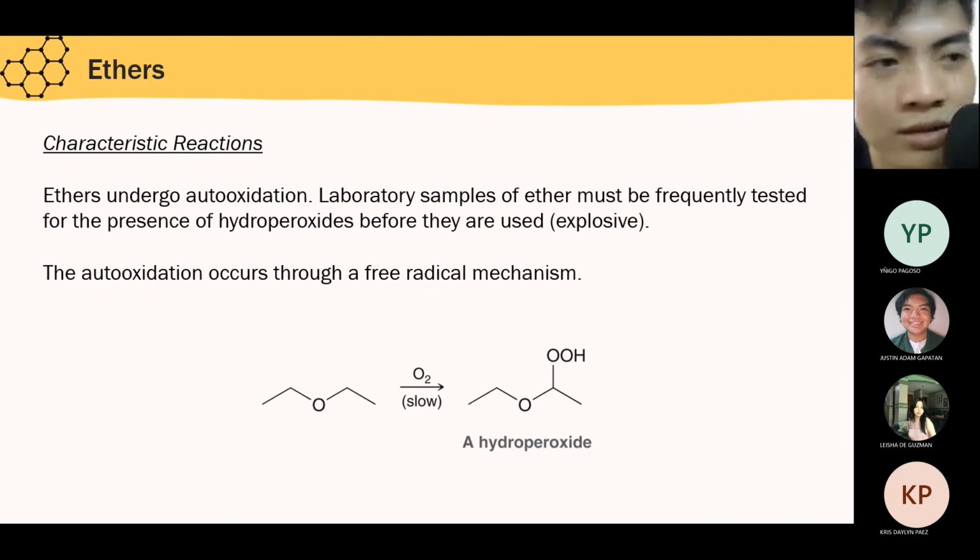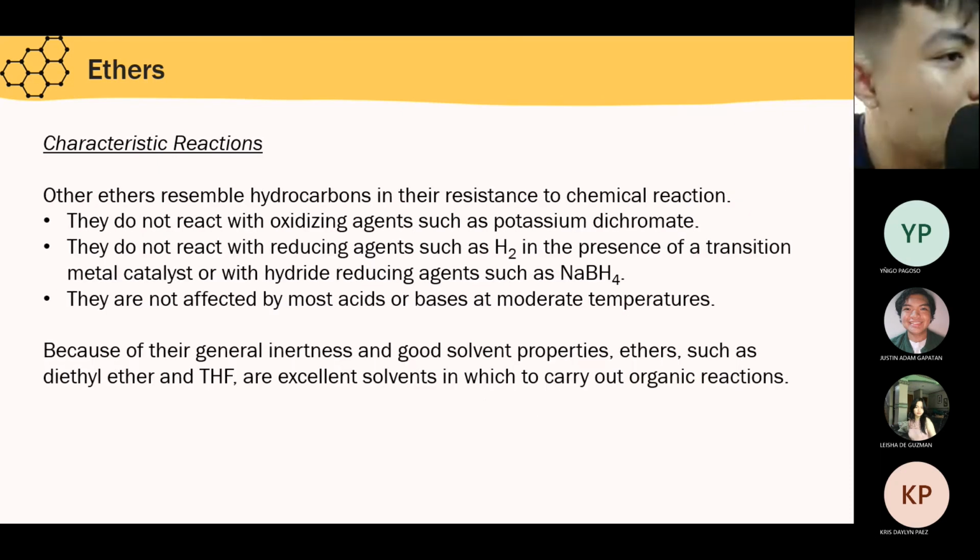Because once auto-oxidation happens, it just continues. That's why when food has spoiled, you can't revive it anymore. Even if you reheat it, it will keep spoiling. Because you already have radicals in the food, which are turning your food into carboxylic acids and aldehydes, which smell bad and taste sour. Okay? So those are the reactions of ethers.